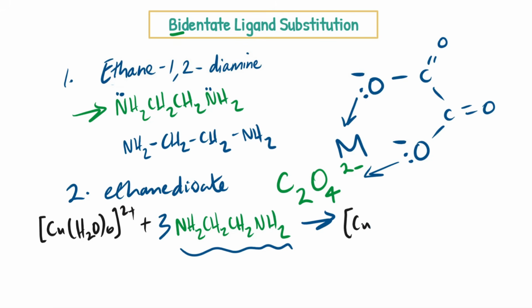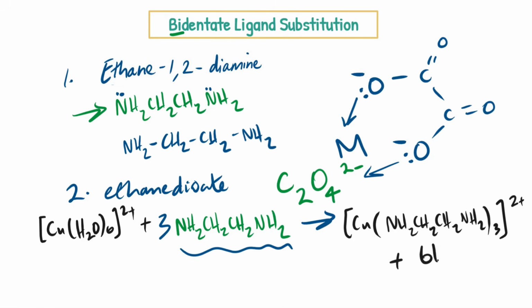We're going to have our square bracket, copper, NH2, CH2, CH2, NH2, close rounded bracket, 3 of those guys. Charge stays exactly the same. All right, easy as that, guys. All 6 water molecules have to be kicked off. Okay, not too bad. That is our equation that you need to know for the bidentate ligand substitution involving ethane 1,2-diamine. Now, let's look at ethane dioate and see how it's slightly different.